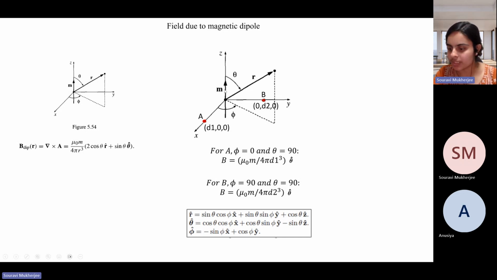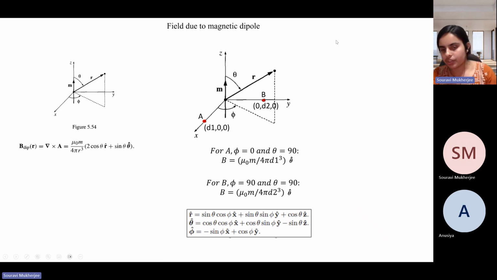Now, suppose instead of a dipole you have a magnet. If it's a small magnet, you can think of it as a magnetic dipole. In that case, if you are told, what is the field at this point, then this is the formula for that point. And if you are asked how it looks at this point, you can use similar relations.